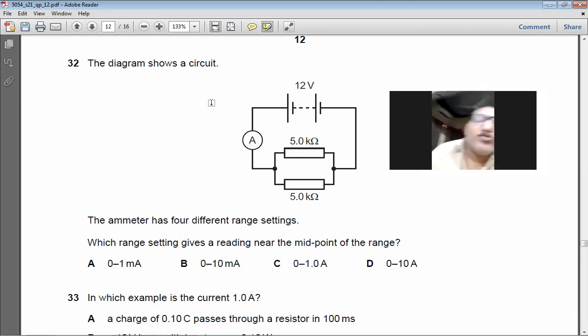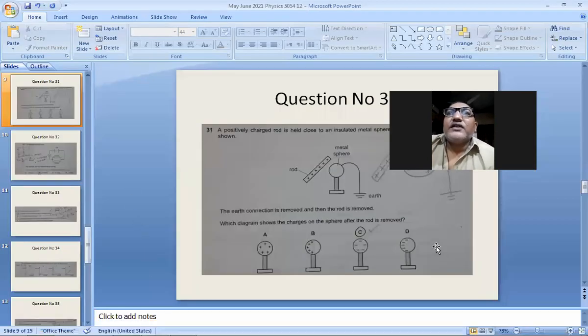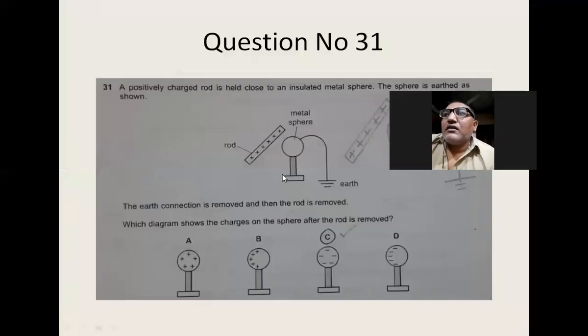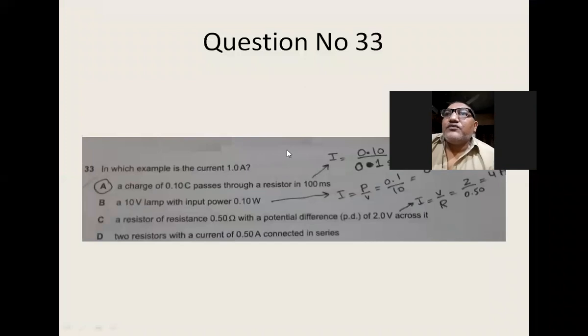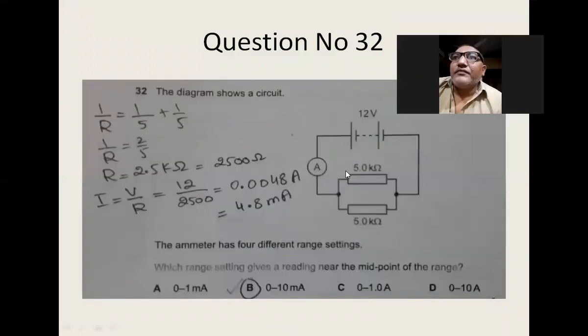So let me show you my work. I've done this on paper. So here we go. The equivalent resistance I can find by the formula 1 by R is equal to 1 by 5 plus 1 by 5. So 1 by R will be equal to 2 by 5, cross multiply.